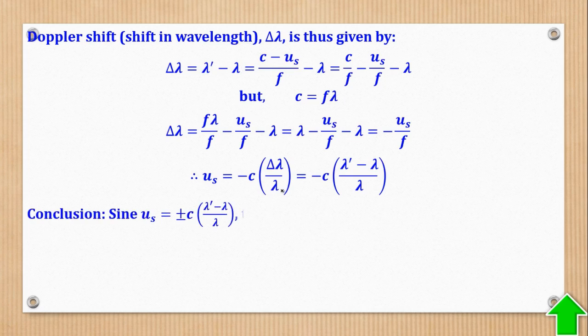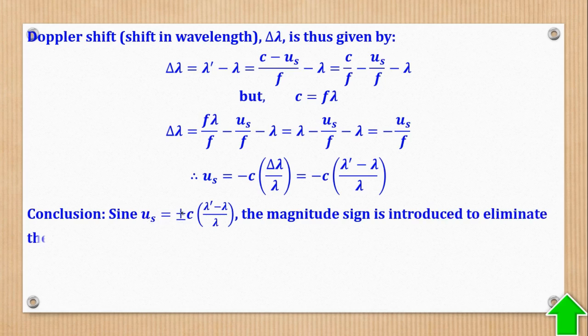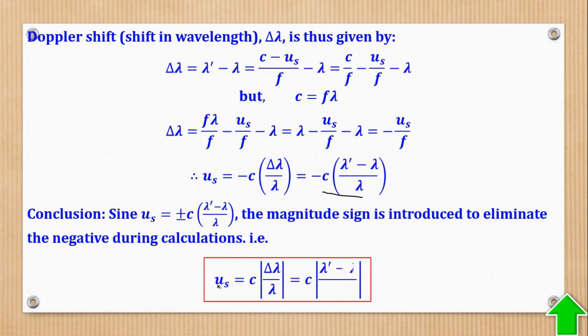So we can make our conclusion that since US is plus or minus of this, the magnitude sign is introduced to eliminate the negative during calculations. That means that in general, US will be equal to the magnitude of Doppler shift over wavelength, which is given by this magnitude, meaning that when you subtract, you have to get a positive by all means. So magnitude means what is negative becomes positive.